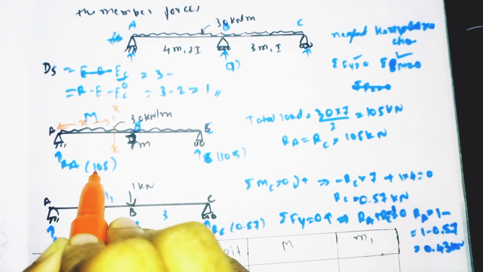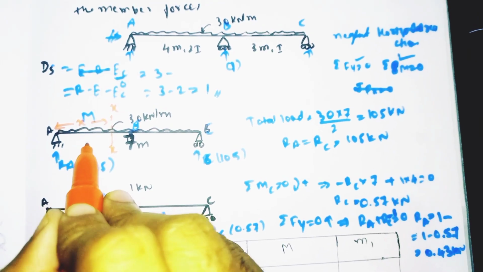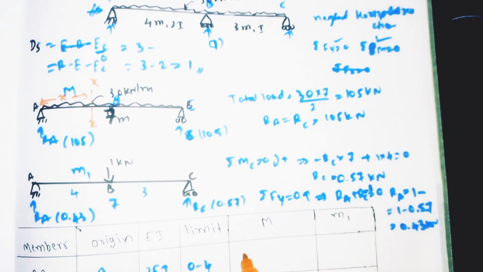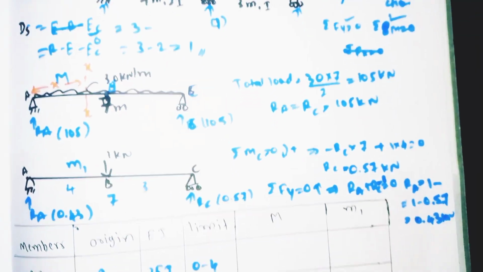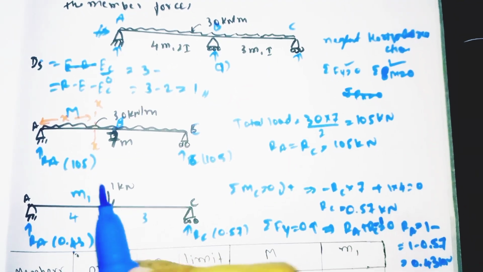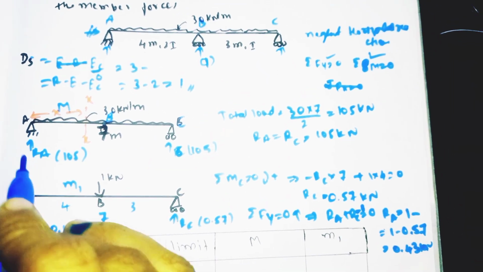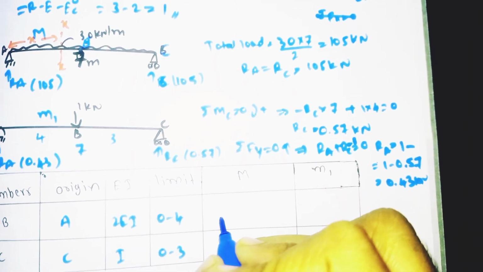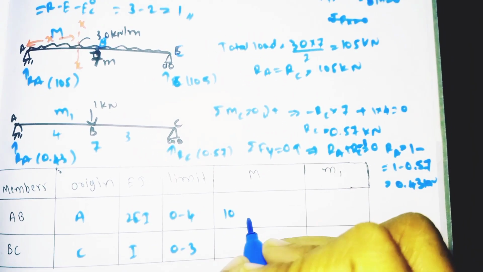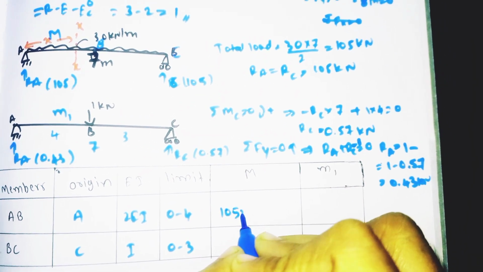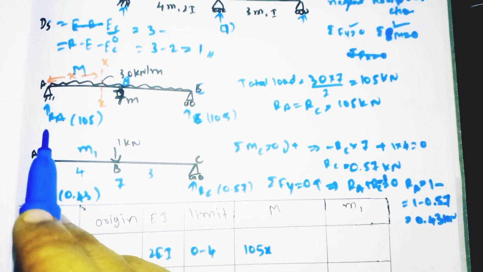So we need to multiply 105 into x. It is going upward, so we need to take the positive. 105 into x.